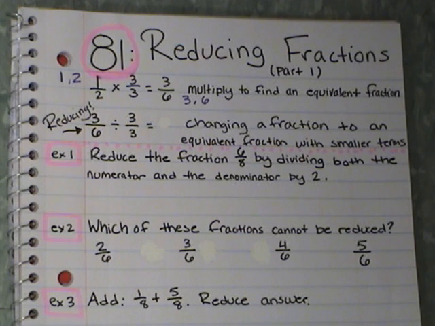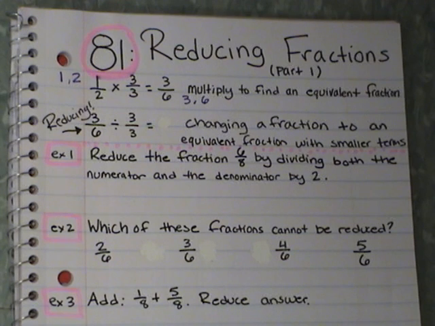Sometimes we can make the terms of a fraction smaller. So when we were finding an equivalent fraction, we were making them larger. But when we are reducing fractions, we're going to make them smaller by dividing by a name for 1. So in 79, we multiplied by a fraction that was equal to 1.